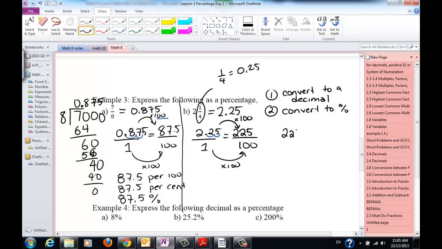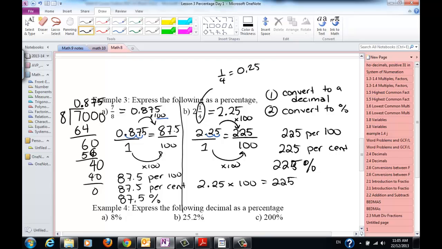So this is 225 per 100, which is just 225 with the percentage symbol. What you should notice is as long as it's a decimal, all I'm doing is multiplying by 100 to get 225. And because this is 225 per 100, we say that this is 225%.